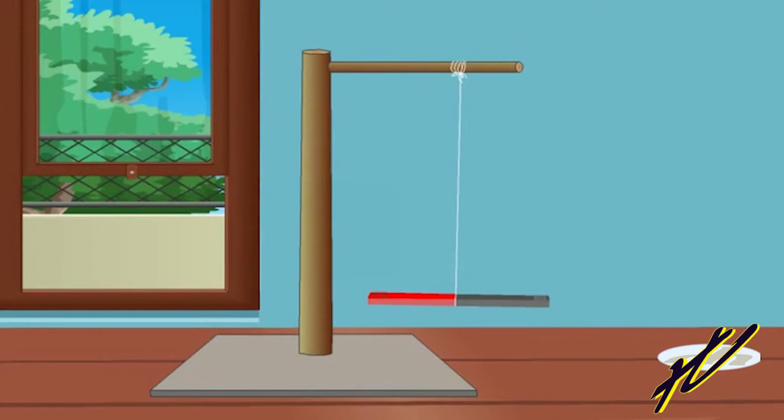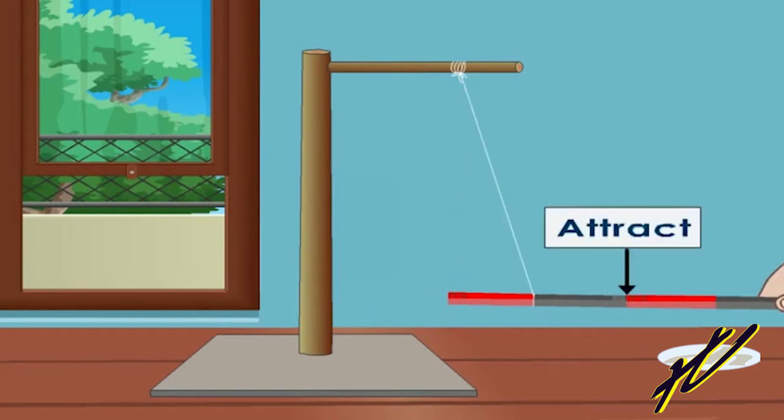Take two bar magnets. Suspend one magnet freely by a piece of thread as in the previous activity. After a while, the magnet will come to rest in the north-south direction. Now bring the north pole of the other bar magnet near the south pole of the suspended magnet.